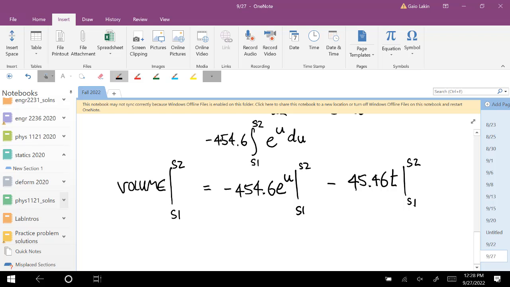And so the volume is going to be negative, state 2 is 0, state 1 is positive 454.6.